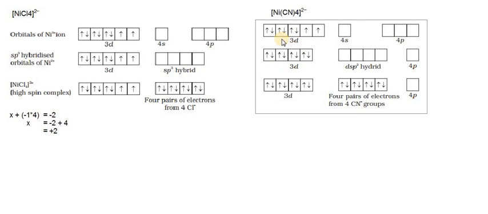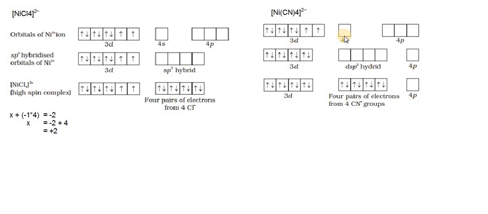These are typically the orbitals of Ni2+. Now the hybridization involves one d orbital, because this unpaired electron goes into another 3d orbital to pair up, and so you get four unhybridized 3d orbitals having paired electrons.